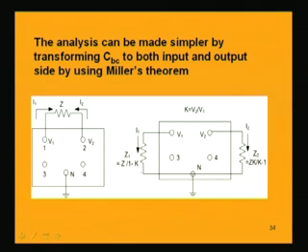The value of Z1 that is connected between 1 and ground will be Z by 1 minus K, the original value of Z divided by 1 minus K, K being this ratio V2 by V1.